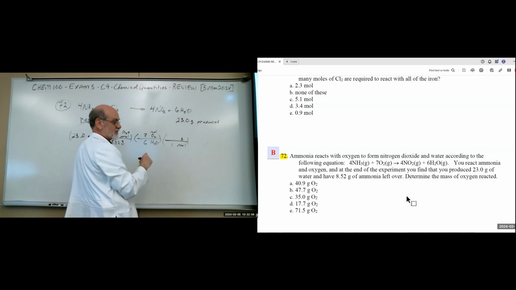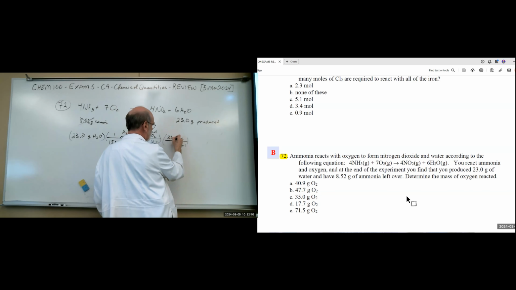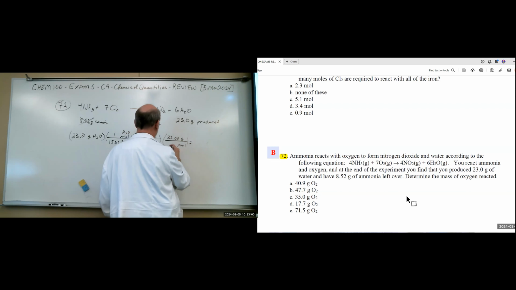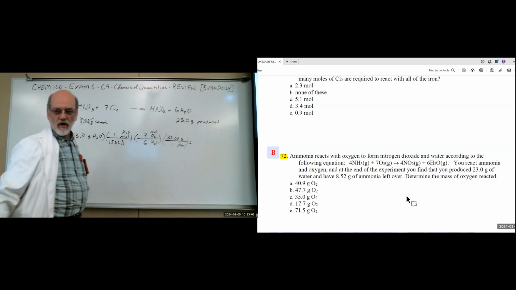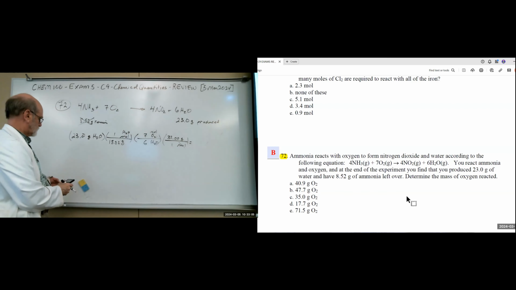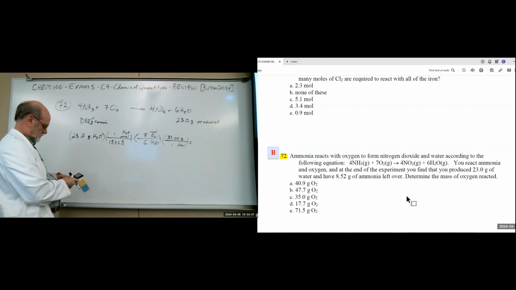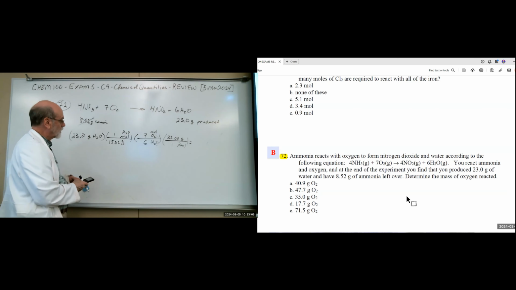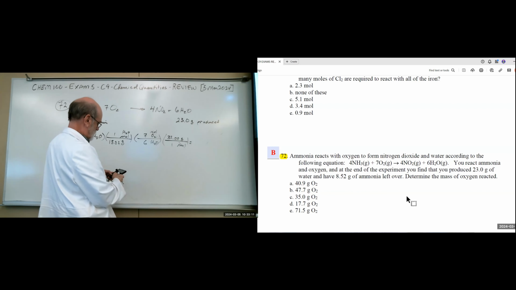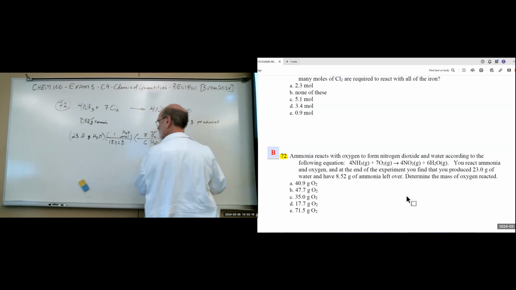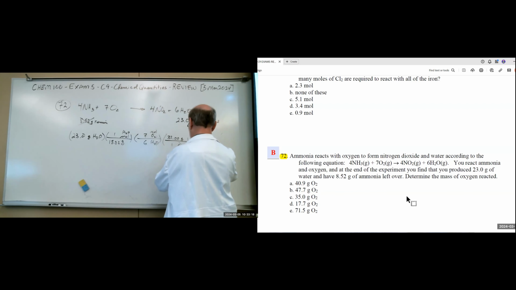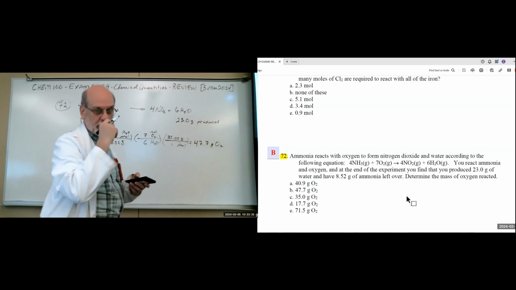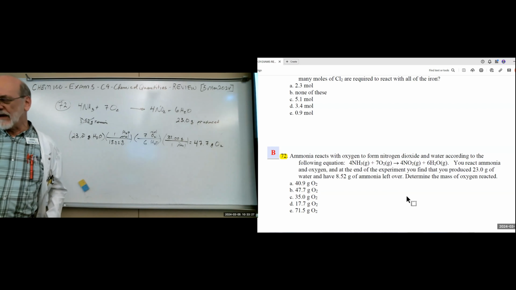Right? 2 times 16 is 32. That's oxygen gas. Okay. Now we can do it all in one calculation. So I get 3 significant figures, 47.7 grams of oxygen. That would be B.